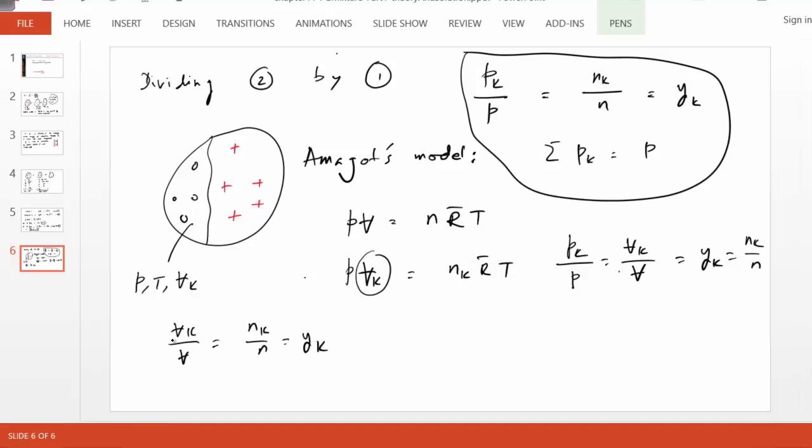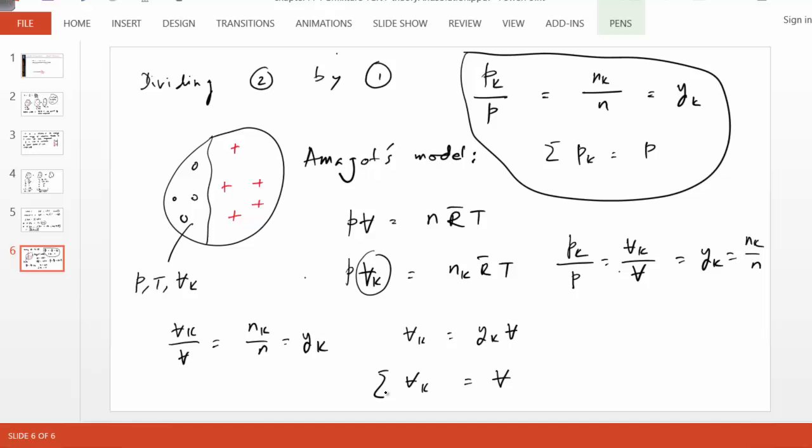As you can see, summing it up, partial volume can be written as mole fraction times volume. So therefore, the sum of the partial volumes equals the total volume, because the summation of Yk is 1.